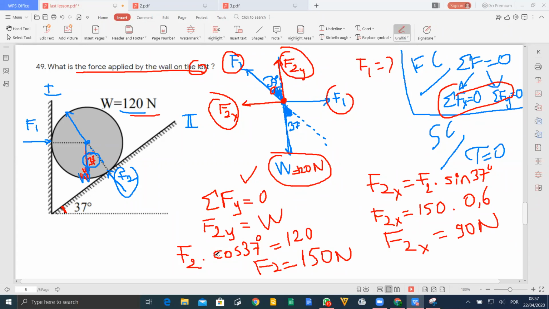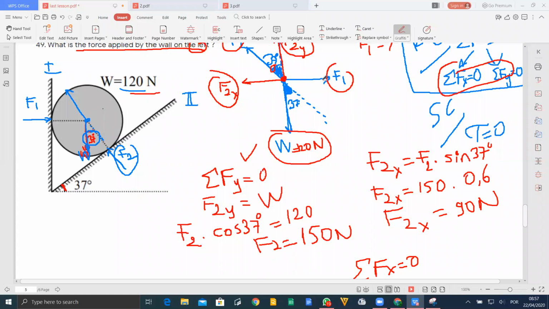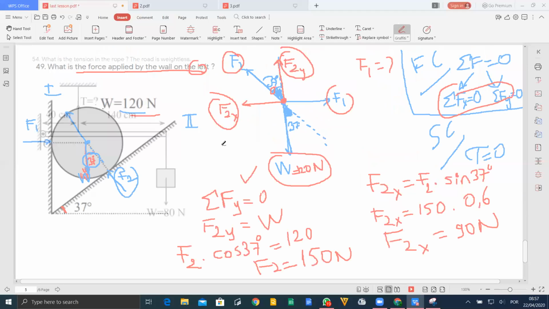Then I'm finishing, because total Fx is equal to 0 in the system, which means F2x is equal to F1. F1 is equal to F2x, and F1 is equal to 90 newtons. Okay, I hope you understand that.